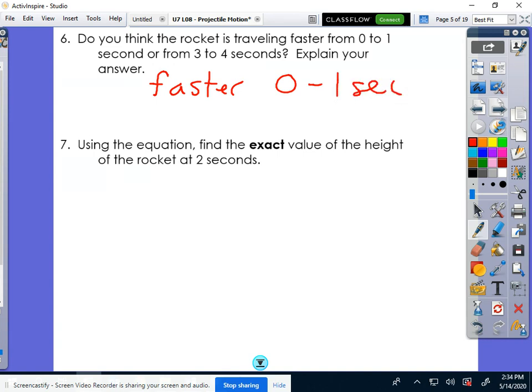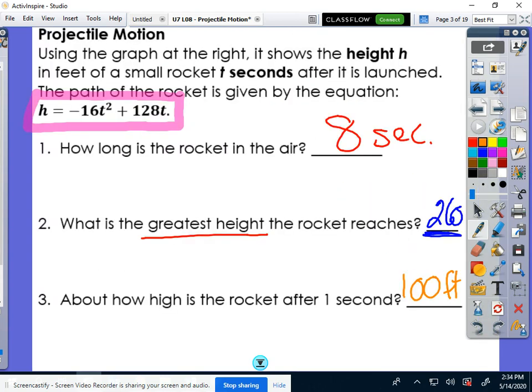And then question number 7 finally says, all right, we've been looking at a graph this whole time, but let's use the equation to find out the exact value at 2 seconds. We may have forgotten about that equation by now, but I highlighted it right there in pink. That equation is actually going to give us the exact values. So negative 16 t squared plus 128 t.